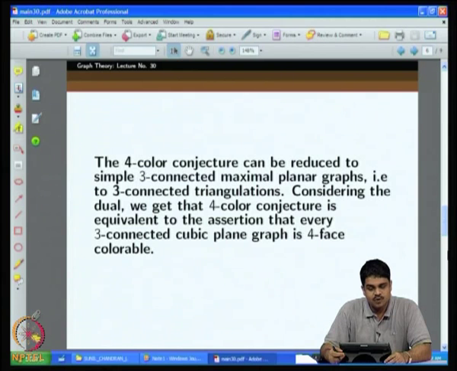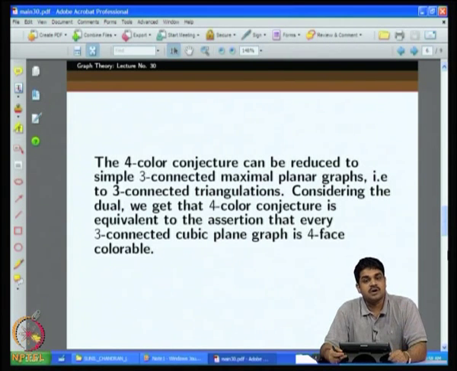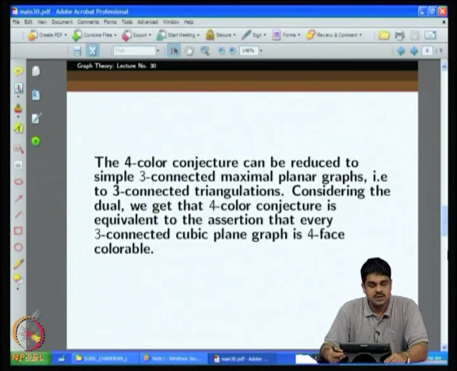What does the 4-color conjecture say? We have seen it earlier: every planar graph can be properly vertex colored using at most 4 colors. Of course, we can always concentrate on maximal planar graphs, because if every maximal planar graph can be colored using 4 colors, any planar graph also can be 4 colored.